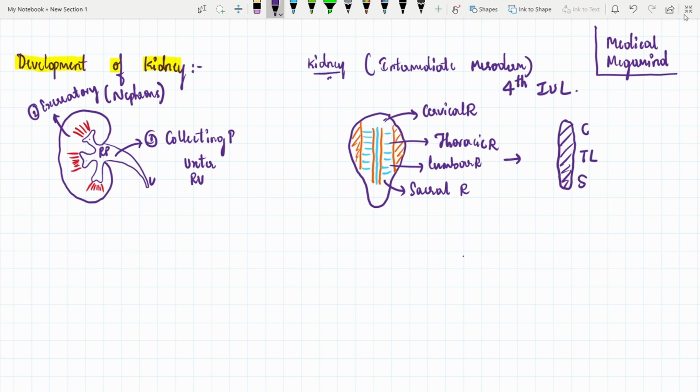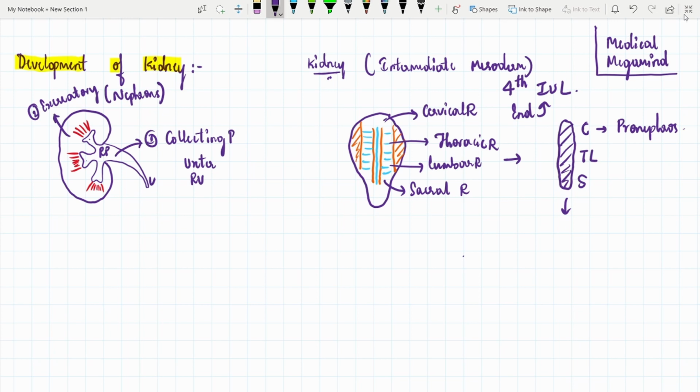See here. During development, at the beginning of intrauterine life, you can see the persistence of the cervical part of the intermediate mesoderm. This is called pronephros. Beginning of the fourth week, it starts developing, and at the end of the fourth week, it will start degenerating, right?